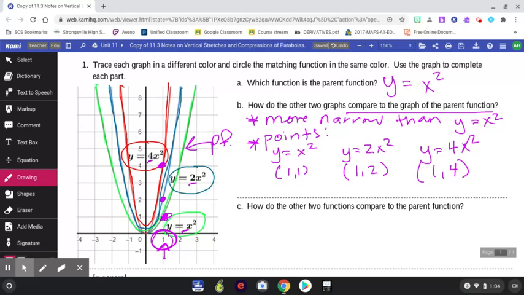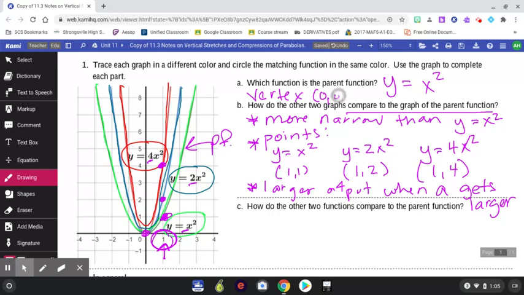So, larger output when a gets larger. I do notice that all have this vertex at (0, 0), so we can get that in there too. All of them have this vertex of (0, 0), so there was no shift up or down in any of these graphs.